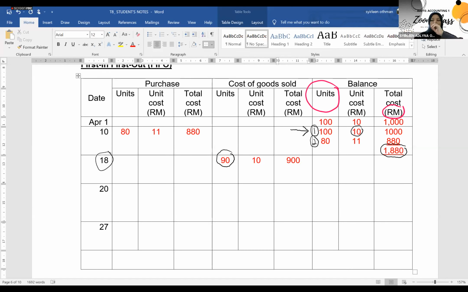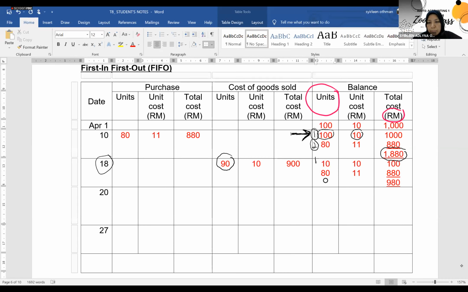Okay, so sekarang bila saya nak tulis balance, yang first batch ni tadi dah keluar 90. So bila dia dah keluar 90, dia no longer 100 here. Dia tinggal 10 unit sahaja. Right? So your first batch of inventory ialah 10 unit, masih pada harga RM10 lah.